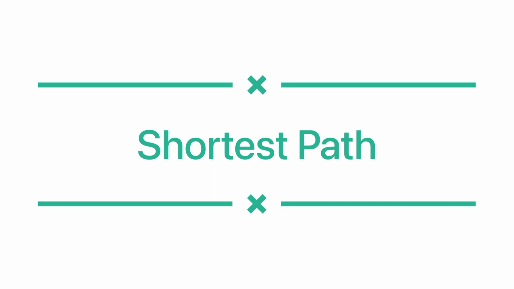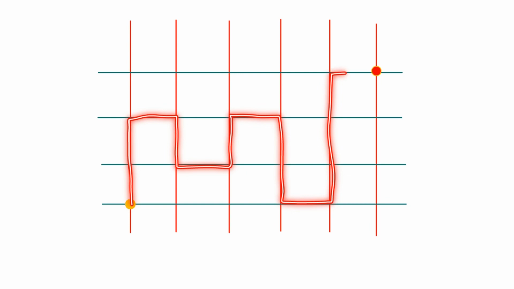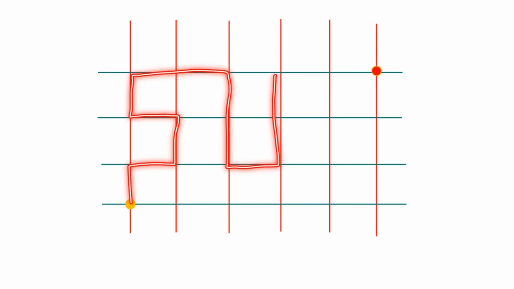Now let us try to understand what a shortest path is. A path from this yellow point to the red point can be like this. Here, is this path a shortest path? It's not, because you may notice that I am taking a few left or down steps while I'm moving.